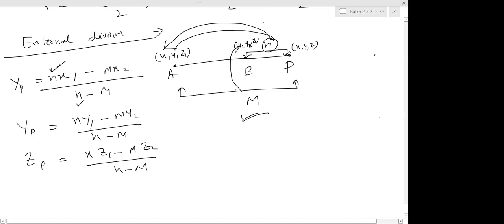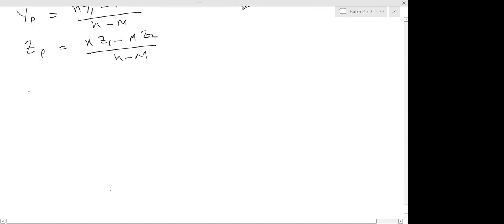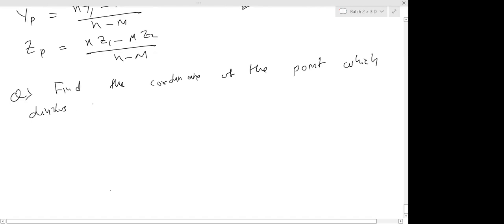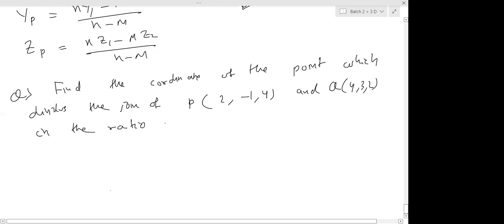All right. Solve a question. Find the coordinate of the point which divides the join of P, it is 2 comma minus 1 comma 4, and Q 4 comma 3 comma 2 in the ratio 2:3 internally.